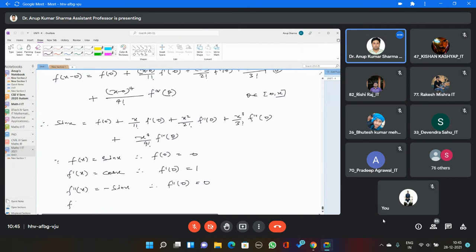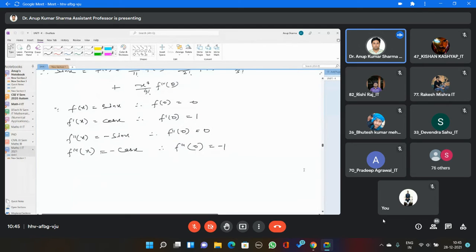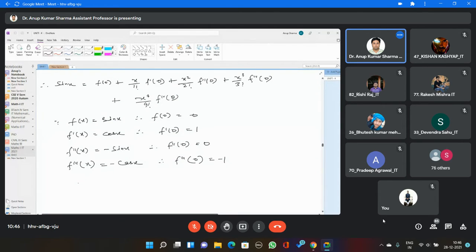And the third derivative is minus cos x, so f triple dash of 0 is equal to minus 1. Okay, so we can write this. Now the fourth derivative of x is sin x, and therefore the fourth derivative at theta is equal to sin theta.